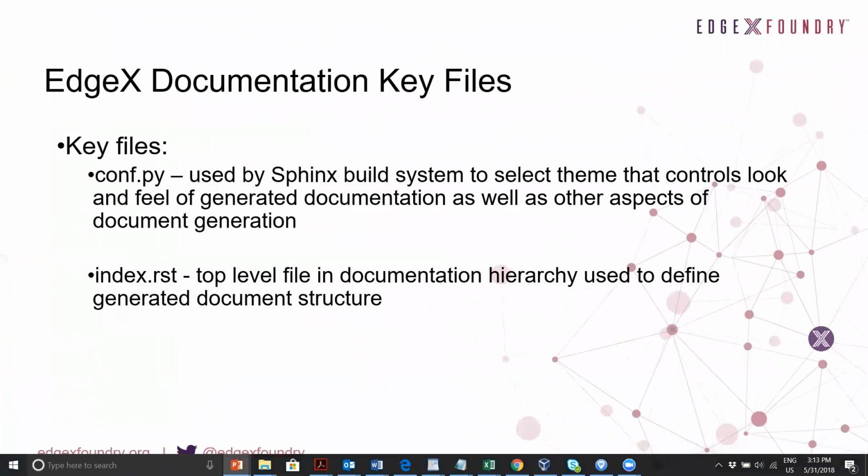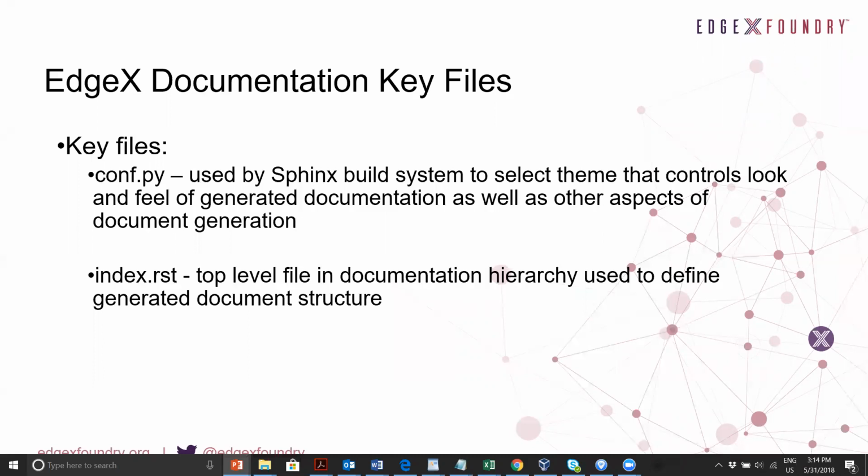There's a couple of key files that are worth mentioning. Most of the chapter and subchapter files, basically you give them a sensible name, and they have a .rst extension. There's a couple of files that are special in the documentation build system which are worth mentioning. There's the file called conf.py. This is used by the Sphinx build system.